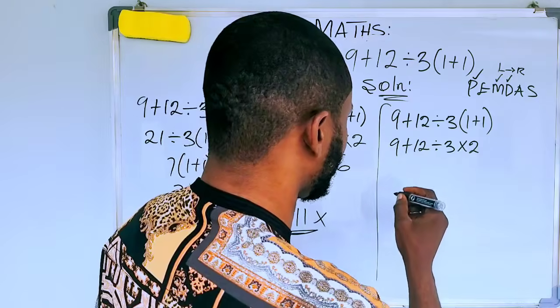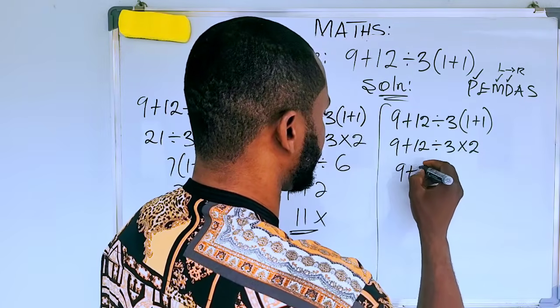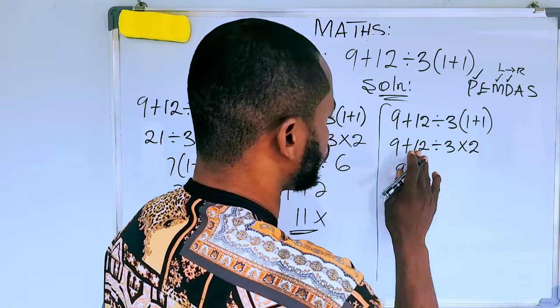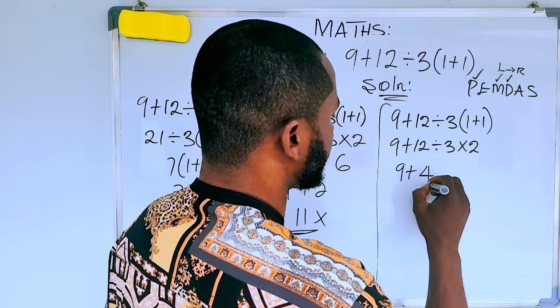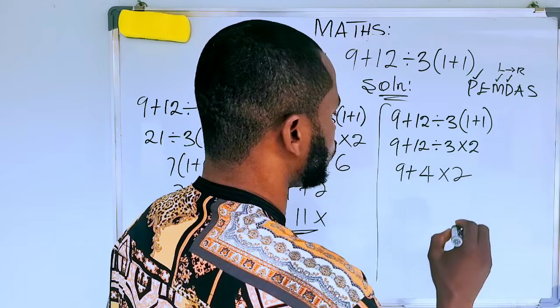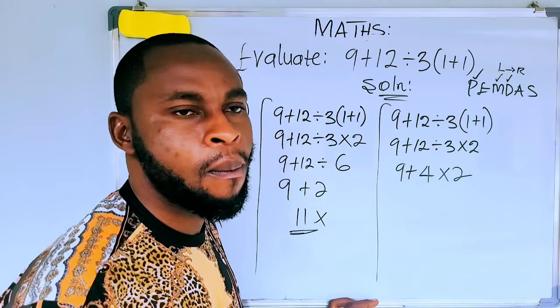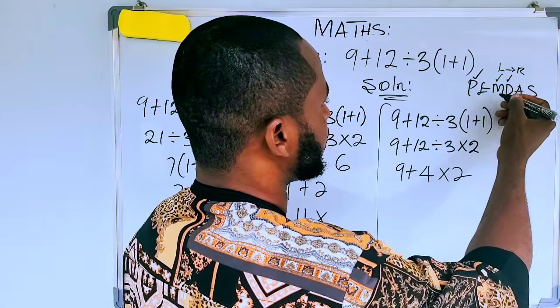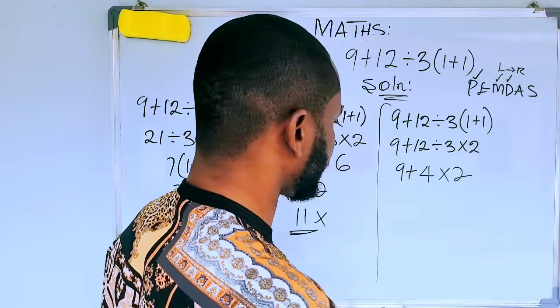In this case, we are going to have this 9 plus 12 divided by 3, that gives us 4, then multiplied by 2. But at this point, we are going to consider multiplication next.